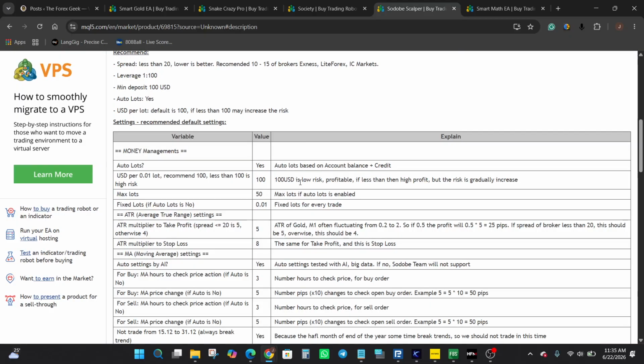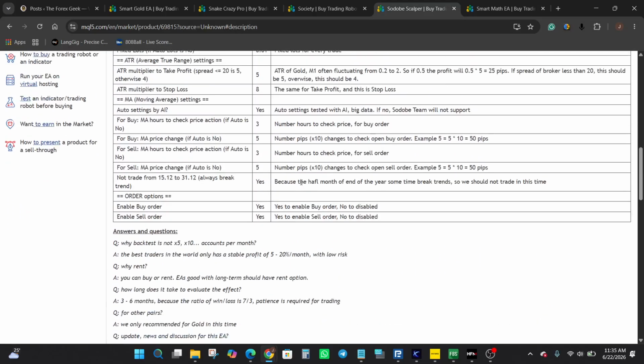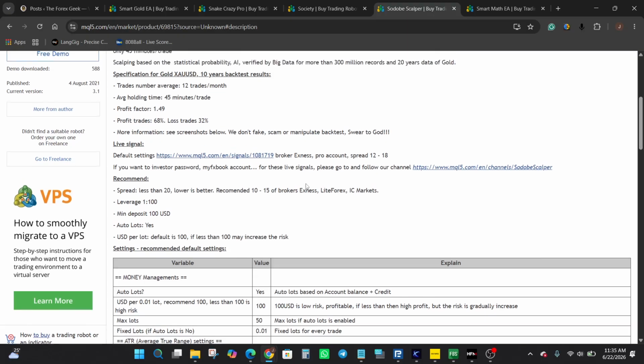So that's already helping us to have a glimpse of the risk to reward ratio, right? The developer also states that positions may be automatically closed when overbought or oversold conditions are detected. The average holding time provided is approximately 45 minutes per trade, with an average of around 12 trades per month based on the historical testing information shown.